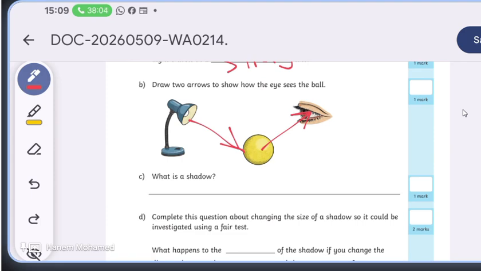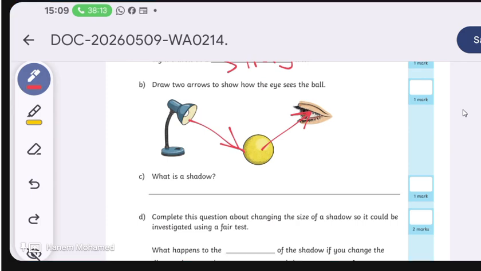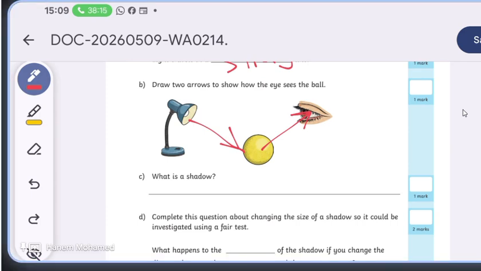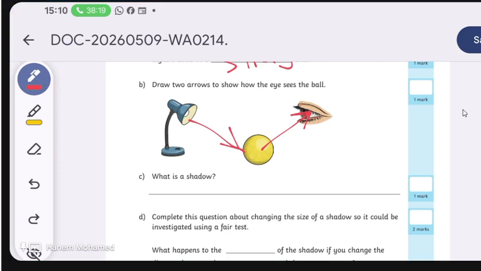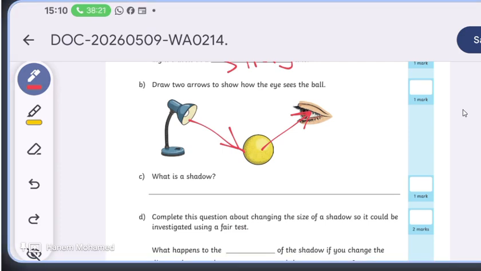And the question, let us see, what is a shadow? How can the shadow form? So is the shadow a lightened area or a dark area? Dark area. So it will be formed where the object is transparent or opaque and blocks the light? Opaque.